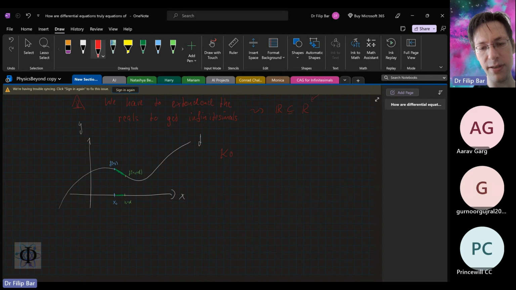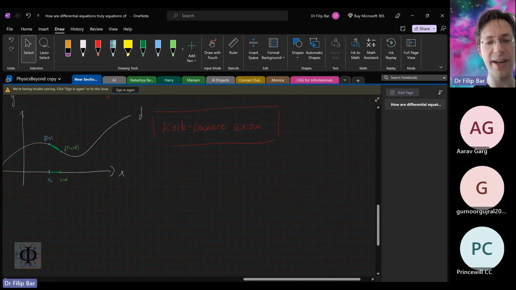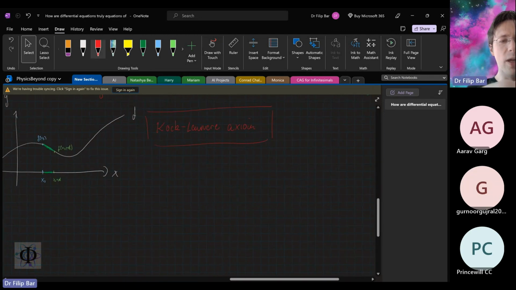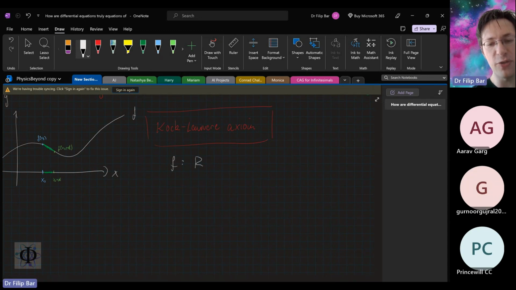My handwriting is getting terrible here. So, the Kock-Lawvere axiom, that is something that I need. And what does the Kock-Lawvere axiom say? It says, well, give me any function that goes from my smooth reals to my smooth reals. And now give me any point that you're interested in as the argument.